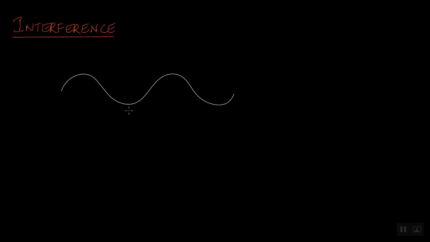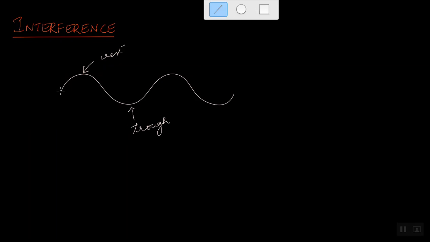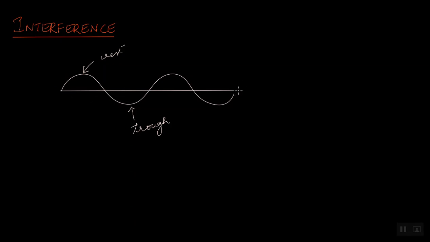So this is a transverse wave where this part is called the crest of the wave, and this part is called the trough of the wave. Got it? And here there's a line, the line which passes through the middle. This is the point where the amplitude of the wave is 0.